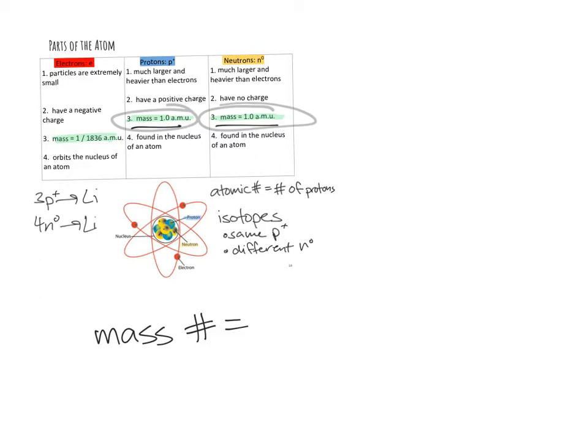So to find the mass number, all you've got to do is add the number of protons plus the number of neutrons, because those are all the heavy things inside the atom. Number of protons plus the number of neutrons gives you the mass. And that makes sense because they both have a mass of 1. So if you want the total mass, you just take total protons and total neutrons.